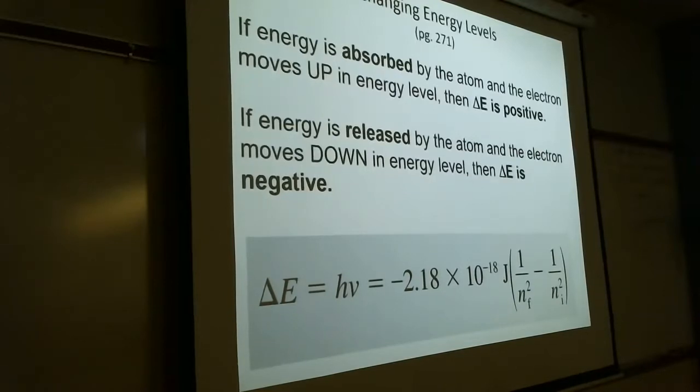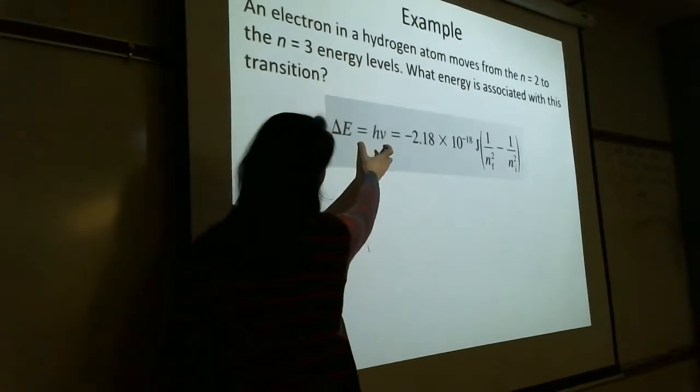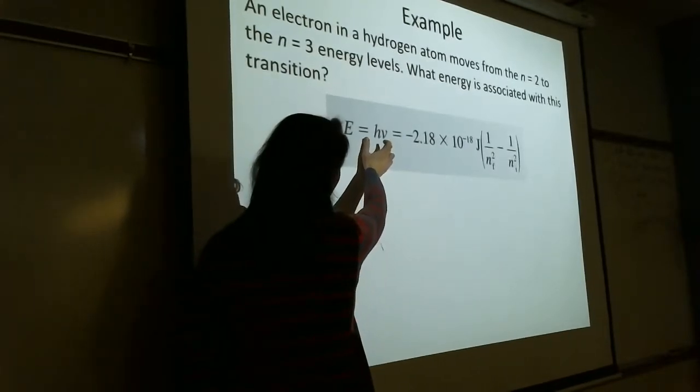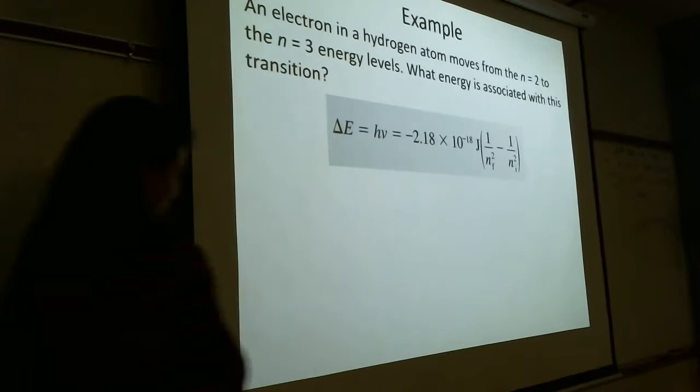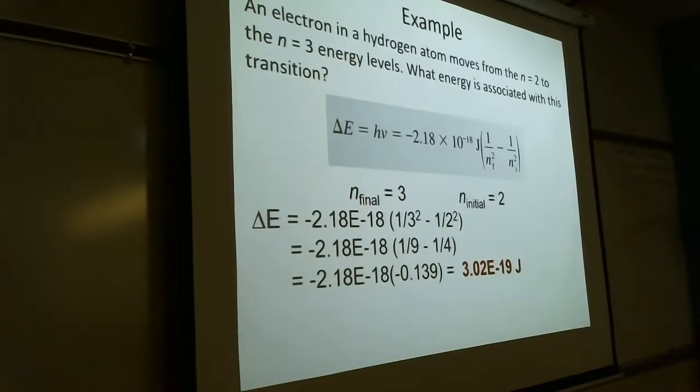So let's look at an example. Electron in a hydrogen atom moves from n equals 2 to n equals 3. What energy is associated with this transition? So there's our equation. Now we're not going to use Planck's constant times frequency. That doesn't make sense because that doesn't factor in energy levels. However, my second version of delta E does. Right? Final was 3, initial was 2.